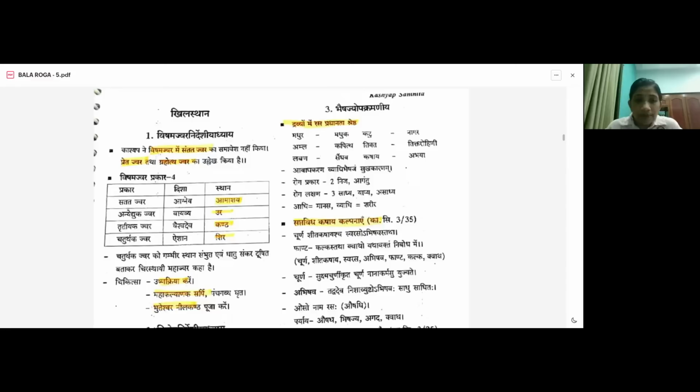Also remember Santata Jwara is not mentioned by Kashyapa Acharya, whereas all other Acharyas mention it. He mentioned Preta Jwara or Grahaja Jwara instead. It is only mentioned in Kashyapa Samhita. Okay.